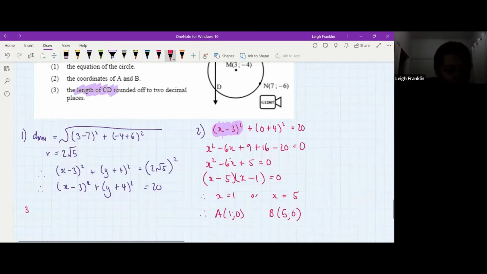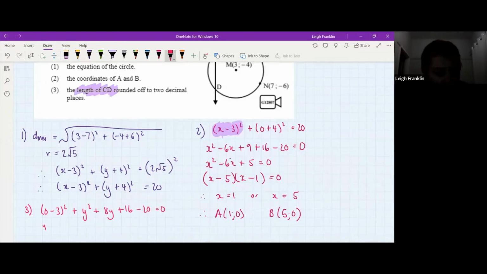So in number 3, we now want to let x be 0, so that means we've got 0 minus 3 squared plus, and then I'm just going to square the binomial just to save us a little bit of time. So that's y squared plus 8y plus 16 minus 20 equals 0.